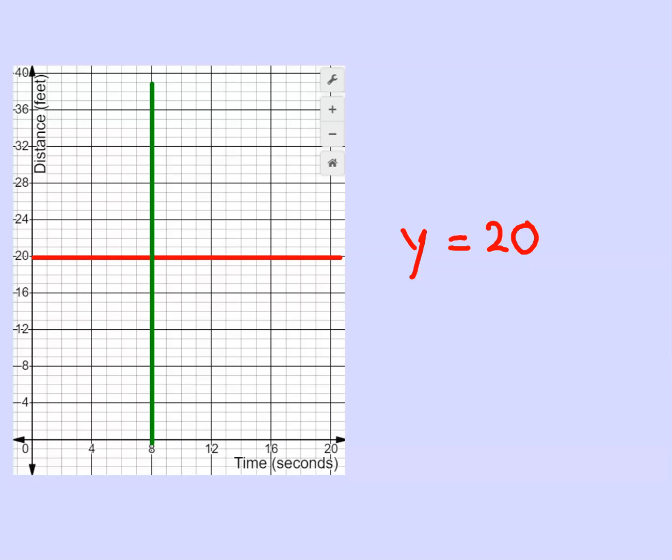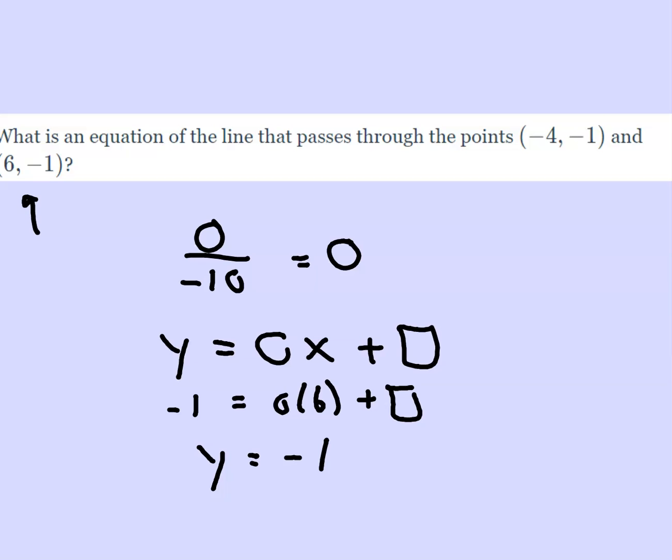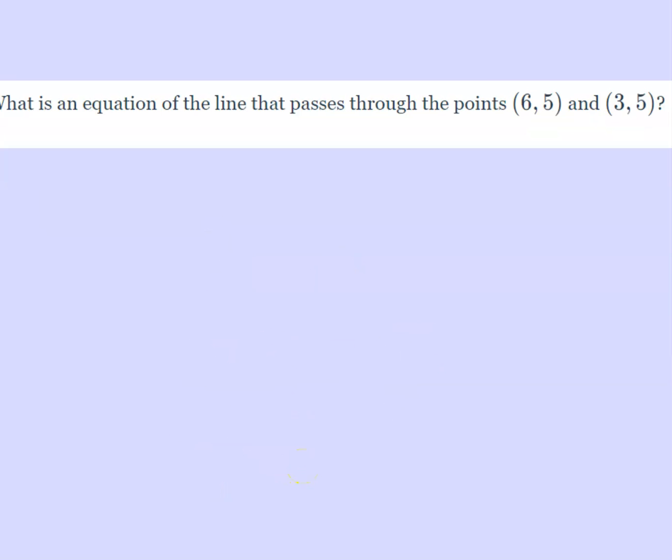So one option is saying, if the y coordinate is the same in both cases, then you just get y equals that number. So what's going to happen here? I can use what I just learned to say, if y is going to be 5 in both places, it's going to give me a slope of 0, so I know I'm going to end up with just y equals 5, and I'm done.